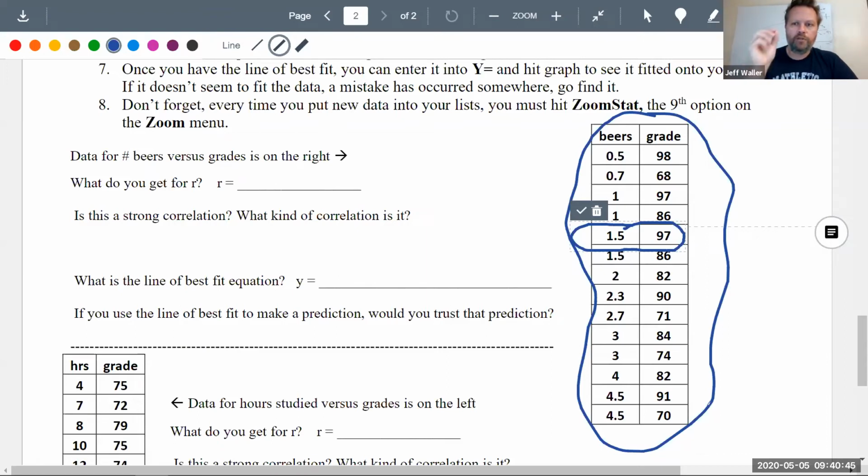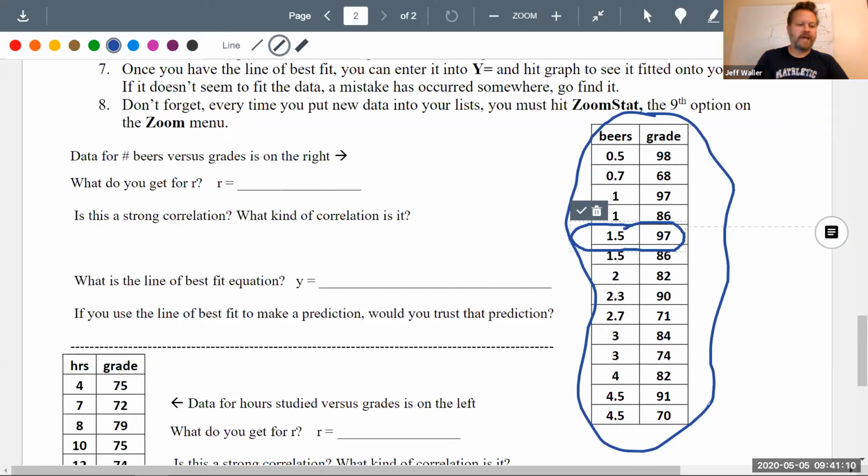Anytime you put new data in the calculator for this, to make it find it, hit zoom. And then which one sounds like a good one for our class? I just don't know what it might be. So you want to hit, for me it's number 9. You guys see that zoom stat?